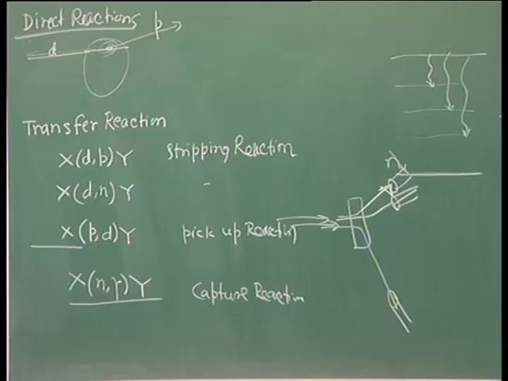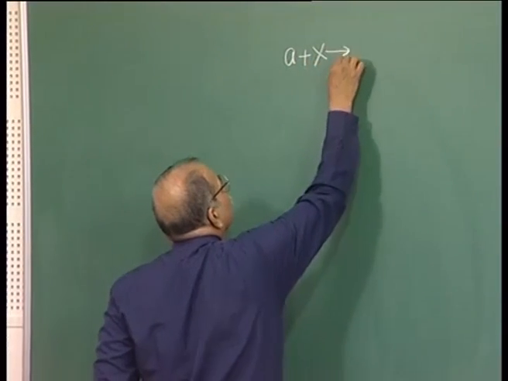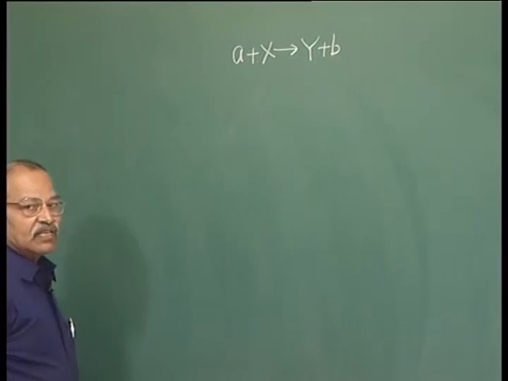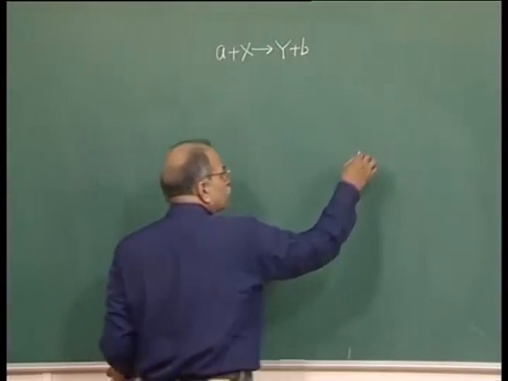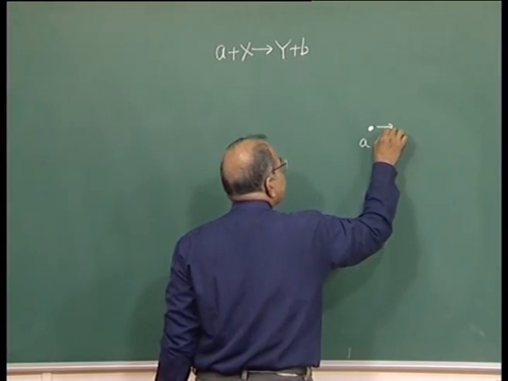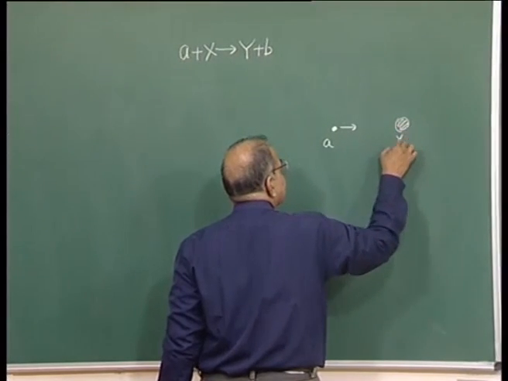One is energy considerations. So, if you have the reaction A plus X going to Y plus B, and I talk in the lab frame, this is the particle A which is going in this direction, and the target X is at rest.